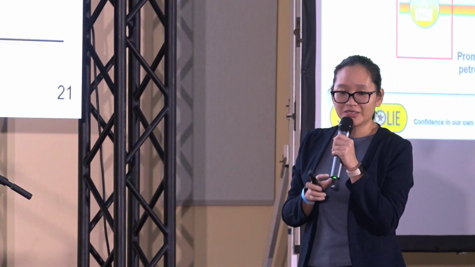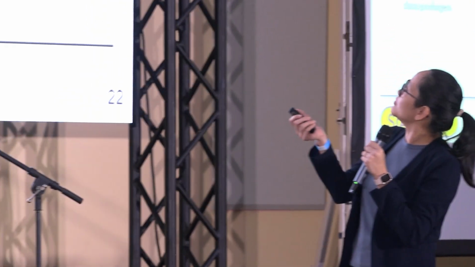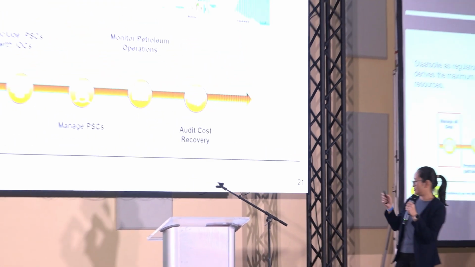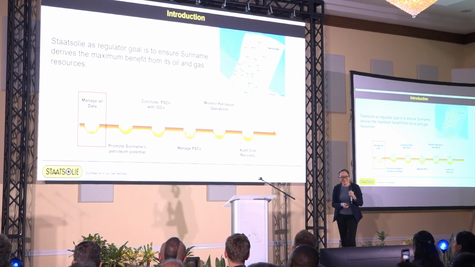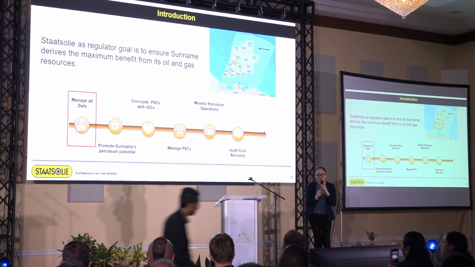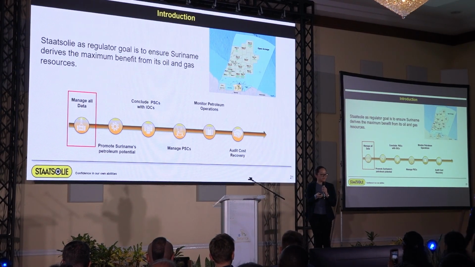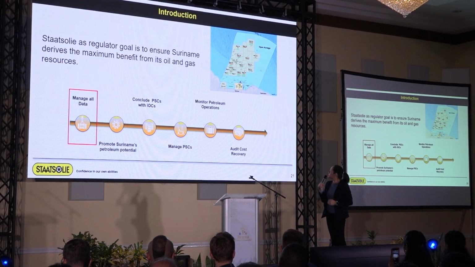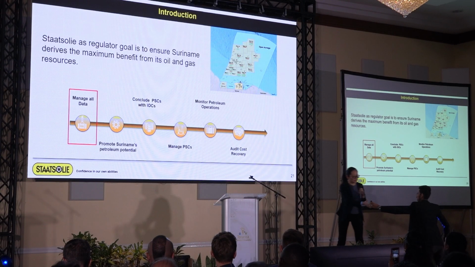So here you will see a recent offshore map where, oops, the pointer doesn't work. In green you see the blocks currently under contract, and the light blue is open acreage area.